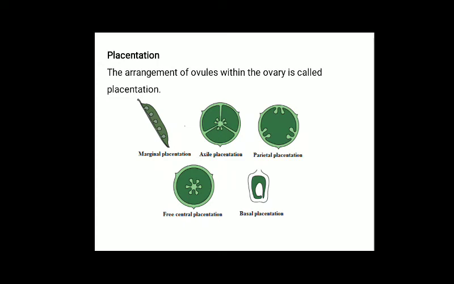In parietal placentation, the ovules are attached to the inner wall of the ovary, and this is seen in the papaya plant. Whereas in free central placentation, the ovules are arranged at the center. And lastly, we have basal placentation. The ovules arise from the base of the ovary.